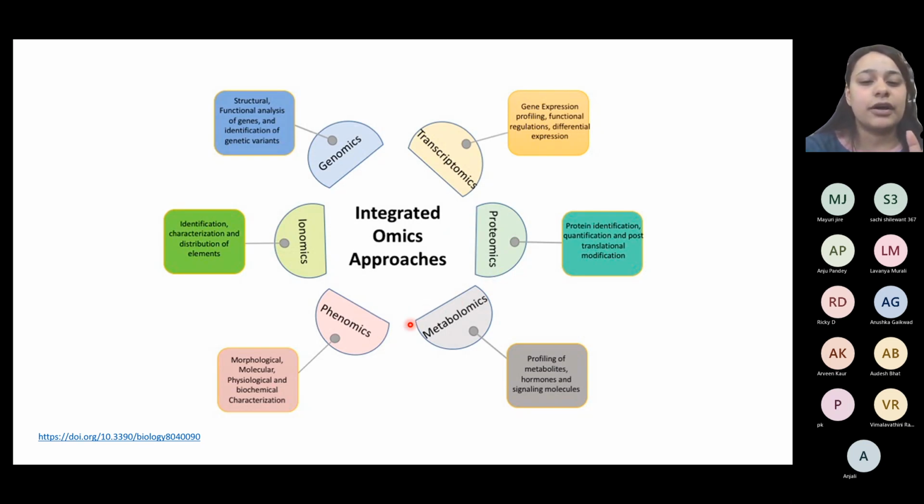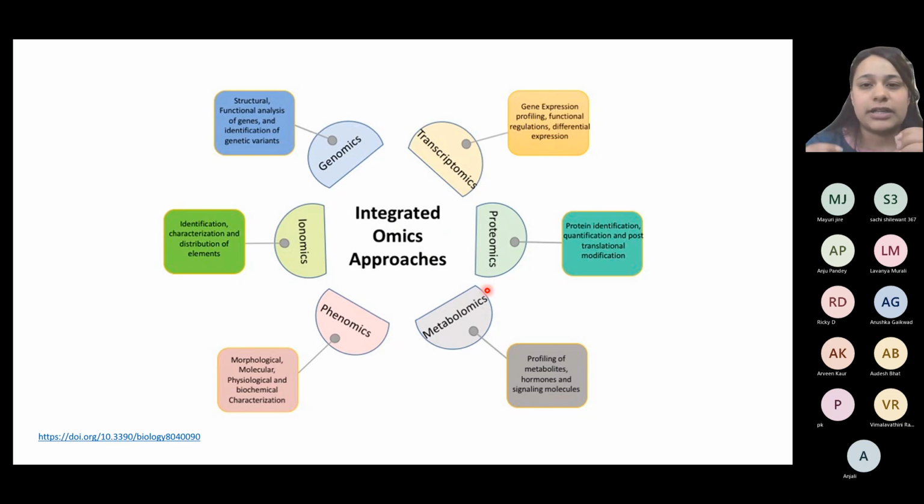Similarly, the concept nowadays being followed is that if there is a variation that could be found at the metabolomics level, then it will be much more helpful for the patients or the population in general, because such variations are directly correlating to the phenotype of the person, right?